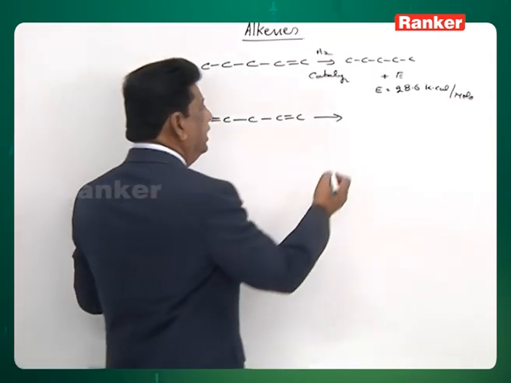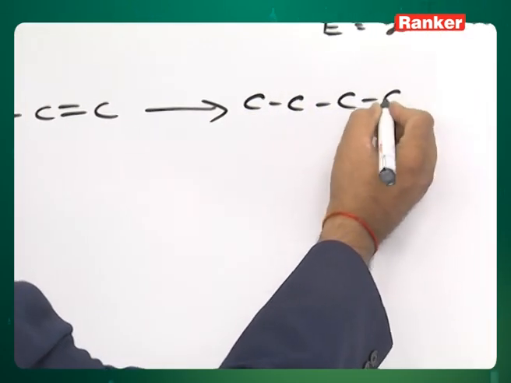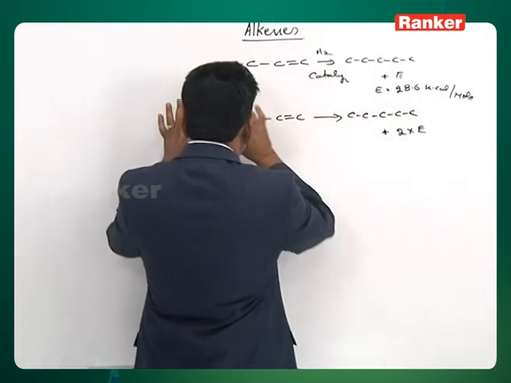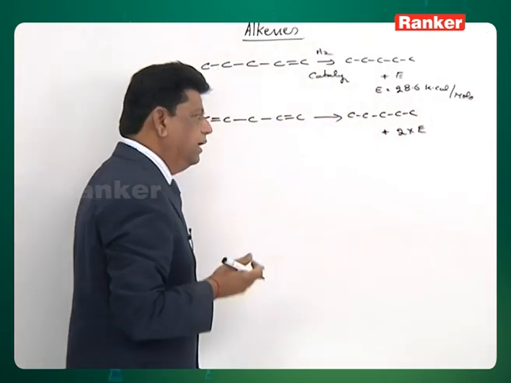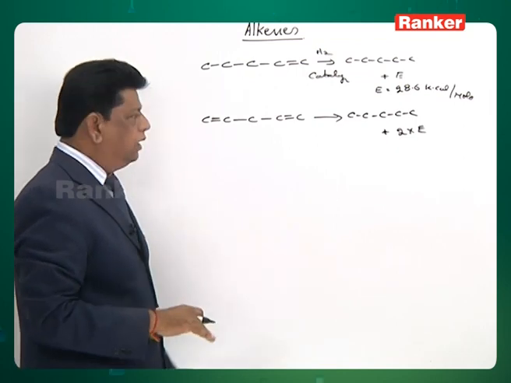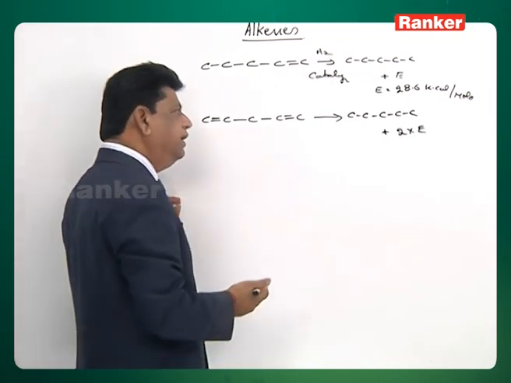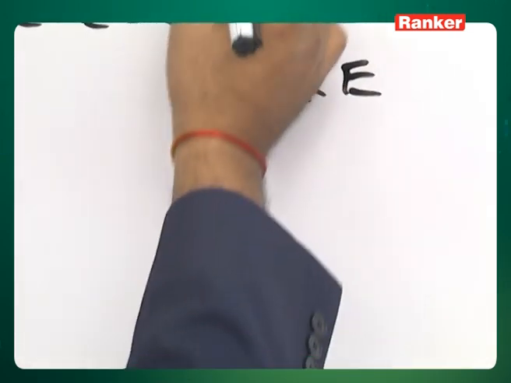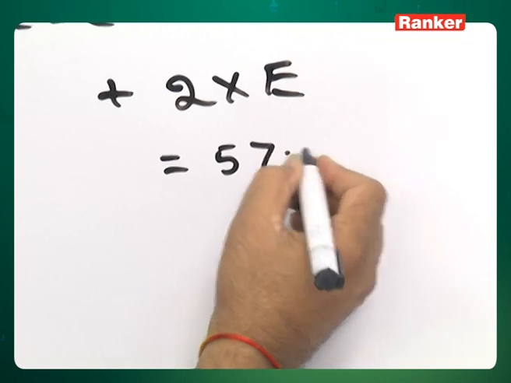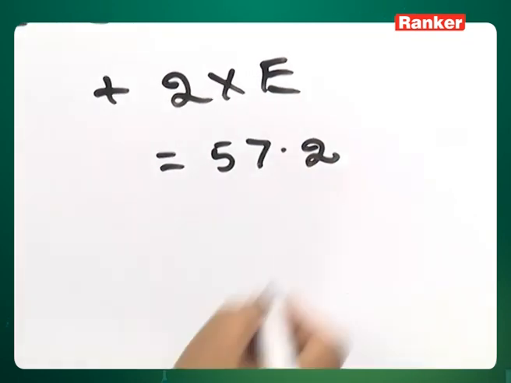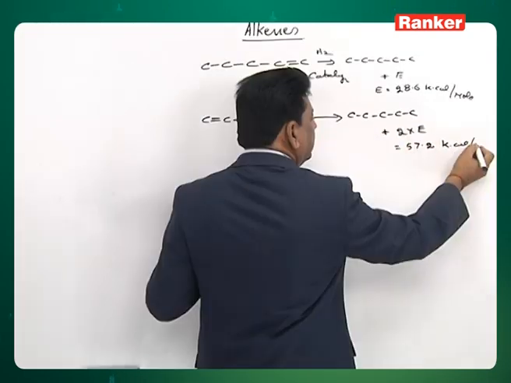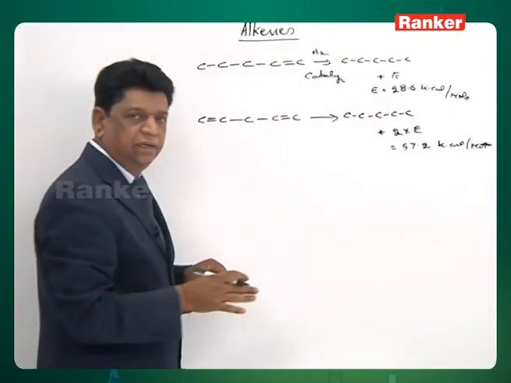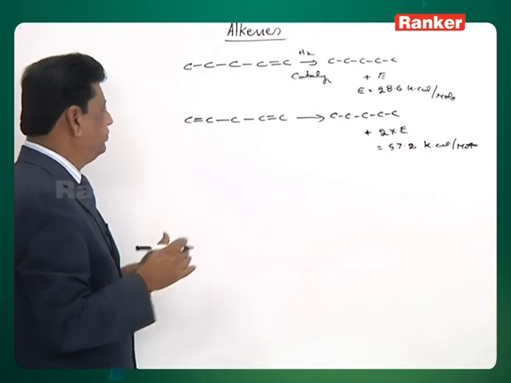So, you get the same pentane plus 2 times E. You need not do the experiment; one can guess, or do the experiment to verify that E is doubled, which equals around 57.2 kilocalories. This is verified theoretically or practically also.